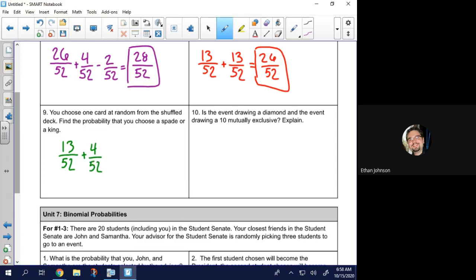But then once again, stop and pause and see, do we have an overlap? Can we have a king that is a spade? Well, each suit has a king, so we need to subtract 1 king out of the 52. Adding across, we'll get 16 out of 52.